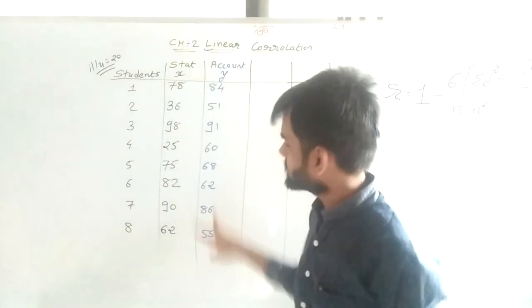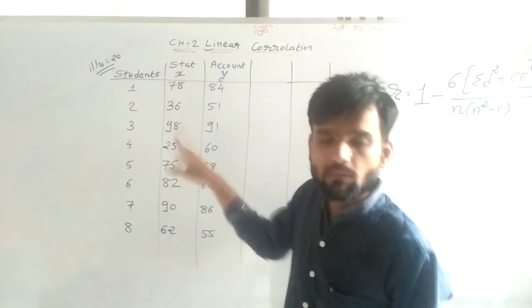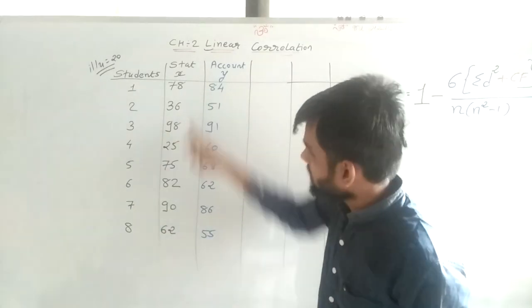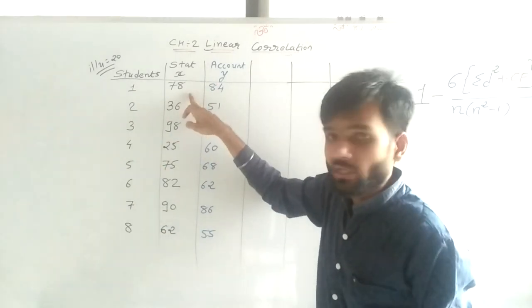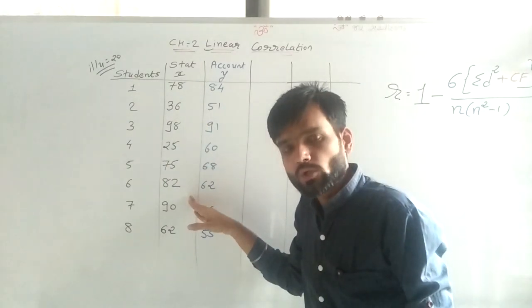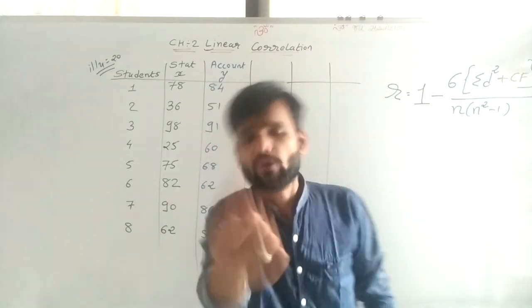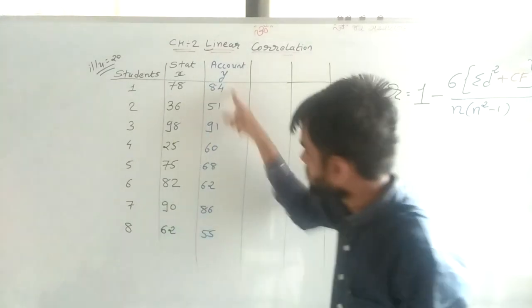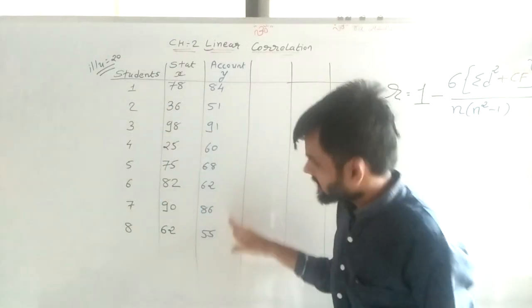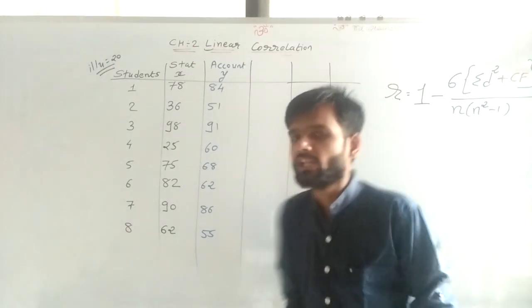Here marks of 2 subjects are given. We are giving ranks as per the marks. Suppose these 8 students are there and their marks in statistics are given. In statistics, who is first, who is second, who is third, that rank we give first. Then in accountancy also, these 8 students have got these marks, and on the basis of these marks we give them ranks.